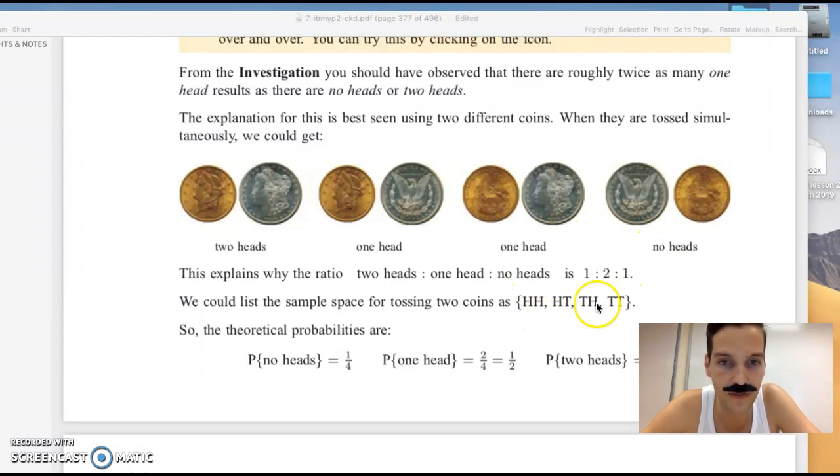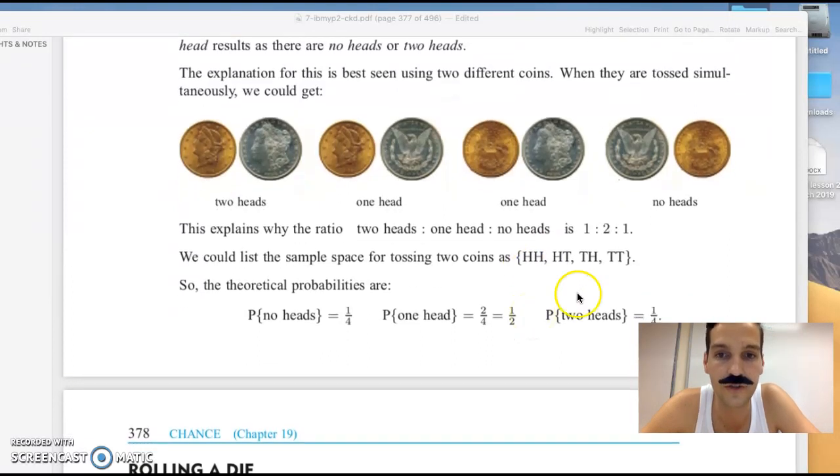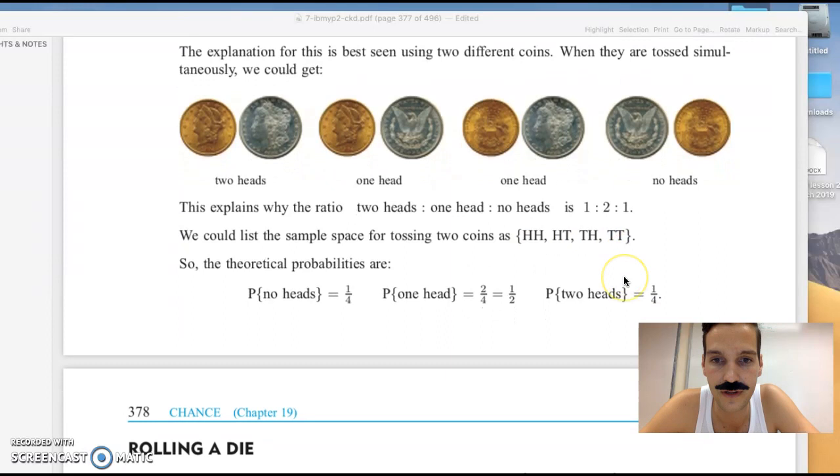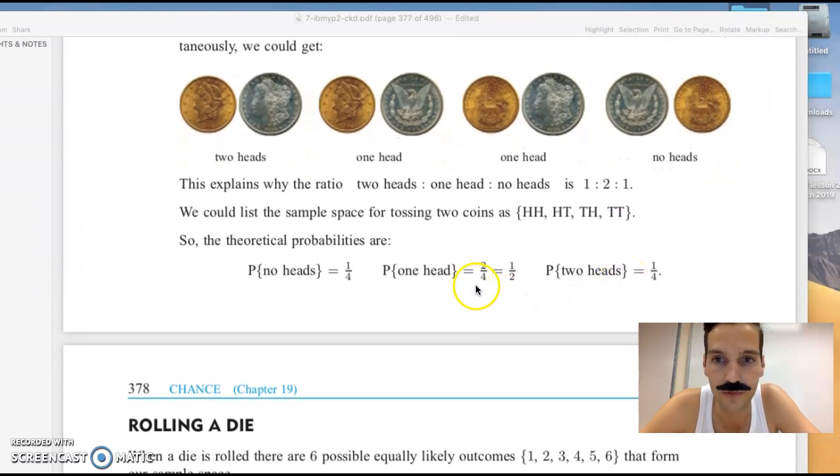That's relatively straightforward. But now we need to write this as probability, as a fraction. You should realize that there are 4 possible outcomes. If there are 4 possible outcomes, that means that we will write our fractions as a number out of 4, as a quarter.